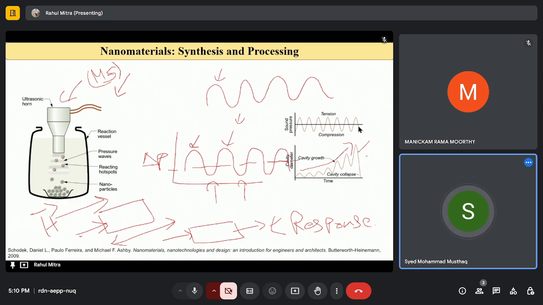The bursting of the cavity, or the bursting of the bubble, creates enough energy, and we even call it a hot spot, or a high pressure trigger, which triggers the reaction for the creation of the nanoparticles. So this burst zone is also called a hot spot.